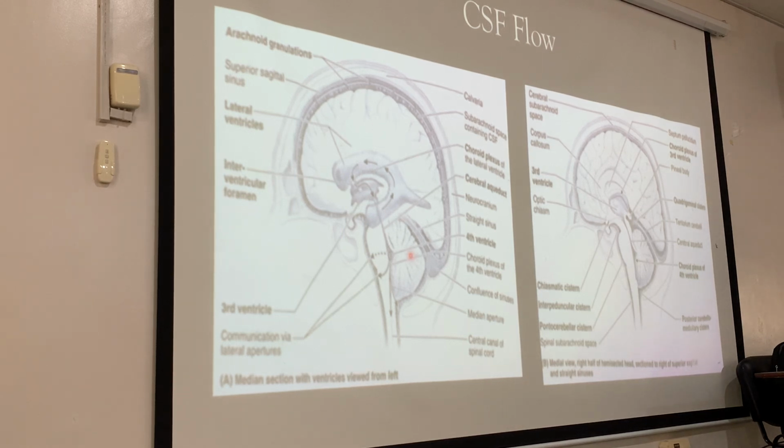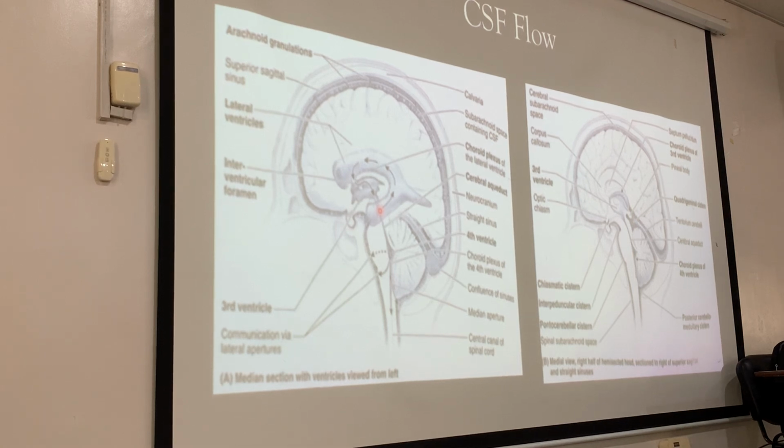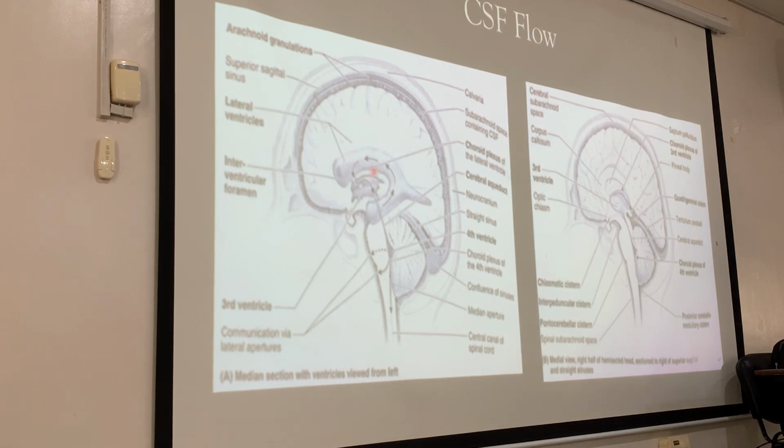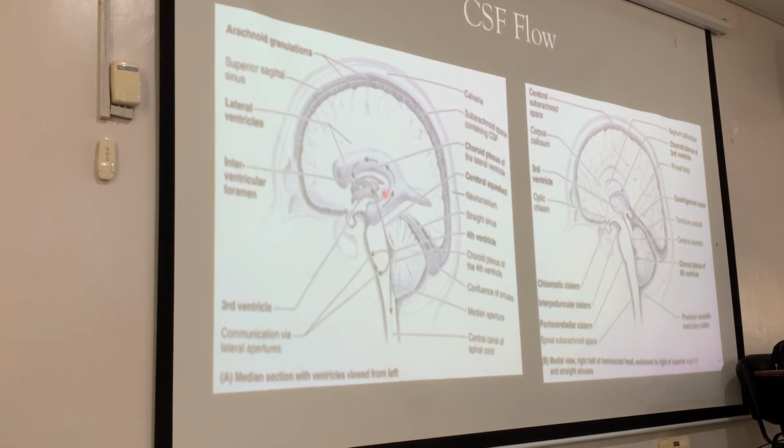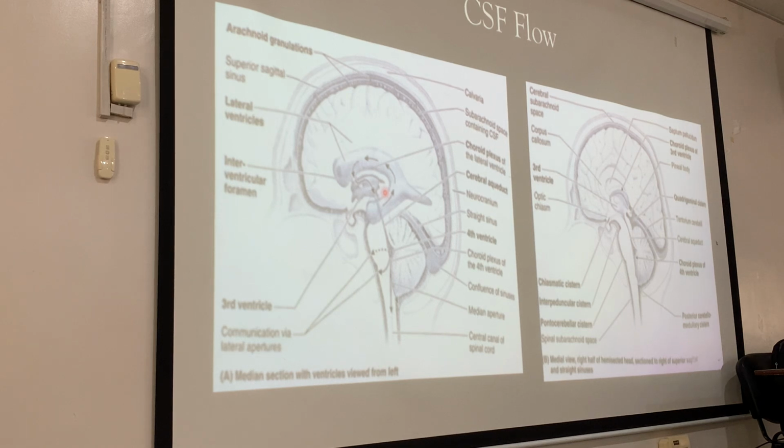Okay? So what happens if, for example, there is a brain tumor here obstructing the aqueduct of Sylvius? CSF cannot go down. So CSF being produced at 500 cc every day, CSF will accumulate in the lateral and in the third ventricles, producing hydrocephalus.